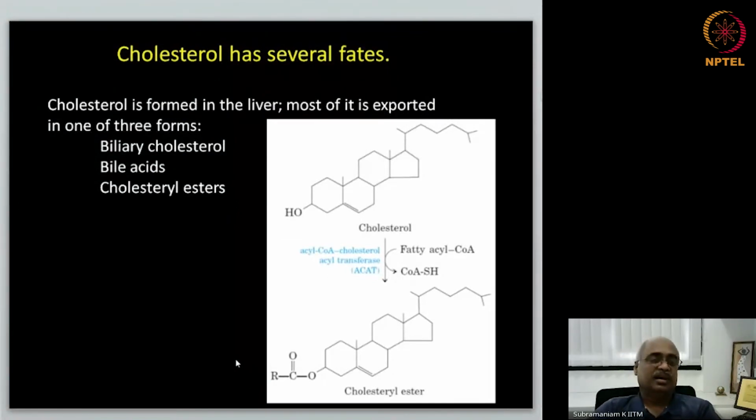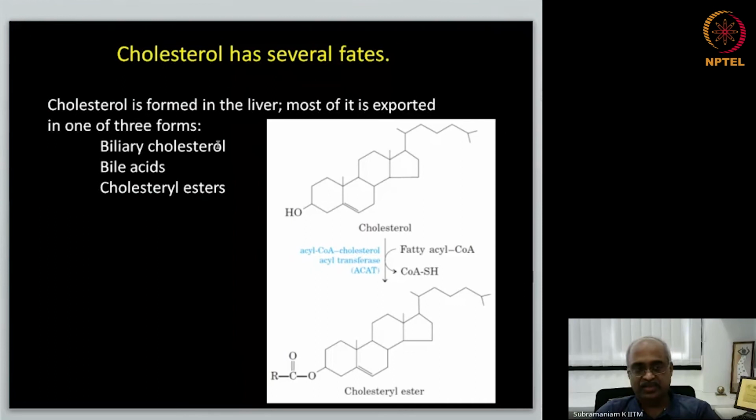So I'll backtrack a little bit and go from cholesterol. We saw squalene becoming cholesterol, and now what we are going to look at are the fates of cholesterol, like what happens to cholesterol. Remember, I used this word fate for pyruvate also when we finished glycolysis. Similarly here, what are the pathways that cholesterol is going to enter?